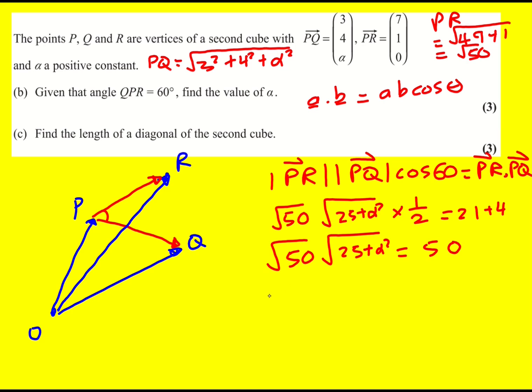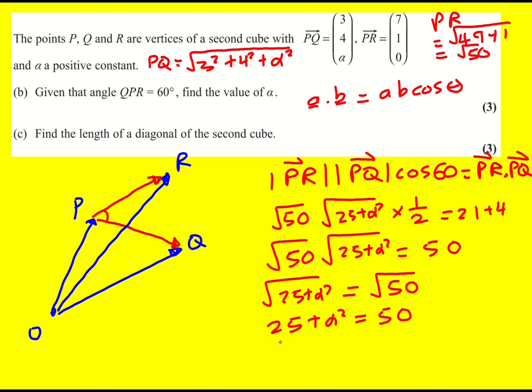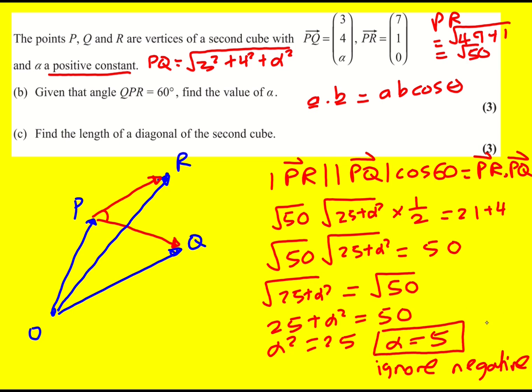This means that root of 25 plus alpha squared is 50 divided by root 50, which is simply root 50, which means 25 plus alpha squared is going to equal 50. Therefore, alpha squared is 25 and alpha is 5. Remember, we were told that it was a positive constant, so I can ignore the negative. Great.